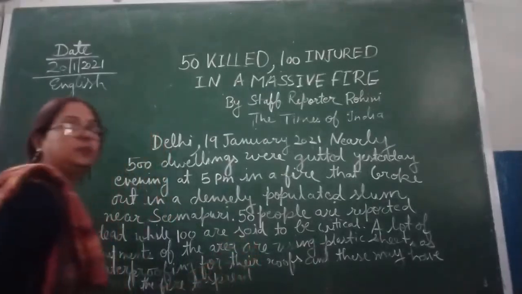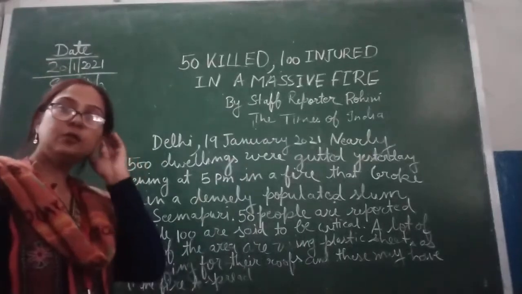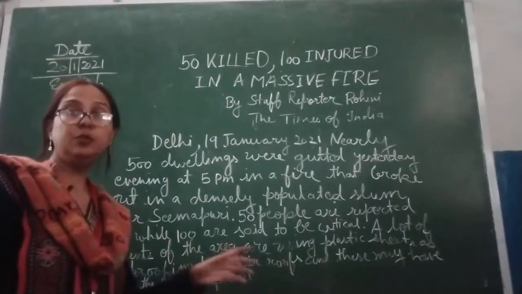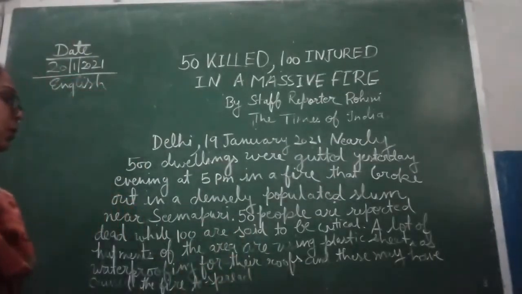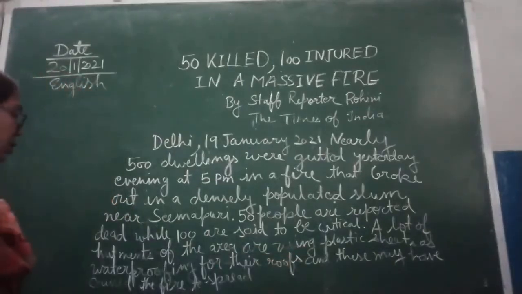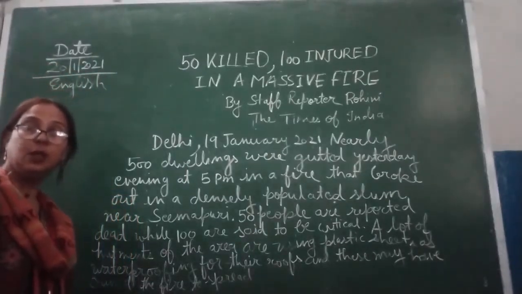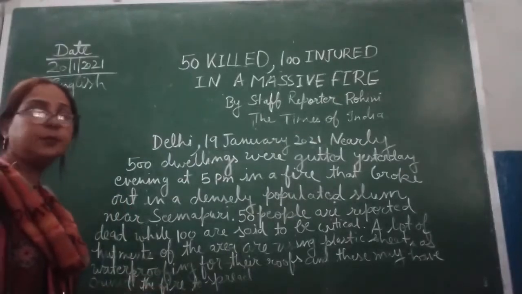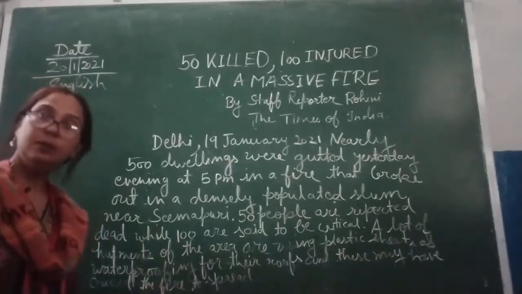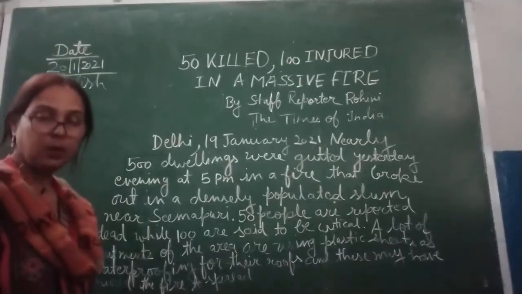So children, you have also mentioned the cause here, why it caught fire, because of the plastic sheets they were using as waterproofing for their roofs, and these may have caused the fire to spread. Now children, here you have mentioned it is more possible that the place caught fire because of their plastic sheets. Now children, we are moving on, you just copy it or write it down.